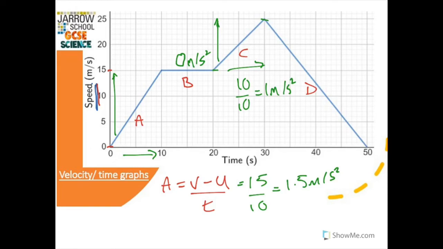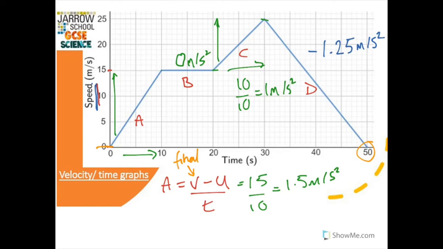And finally, part D on the graph has a negative acceleration, negative 1.25 meters per second squared. The reason is because V, that is the final speed, and the final speed here is 0.